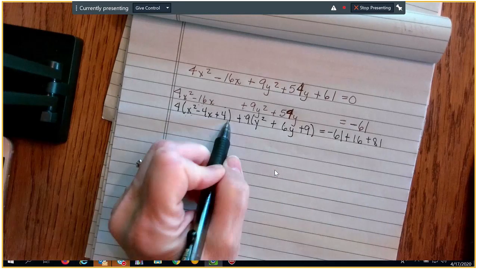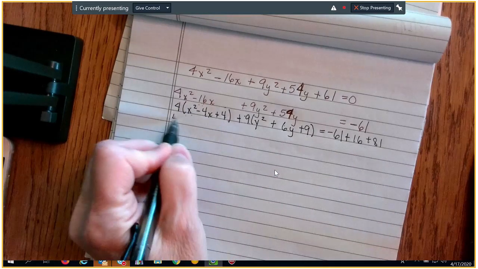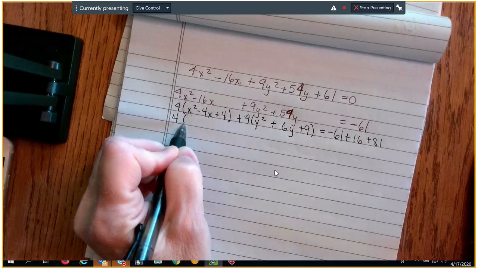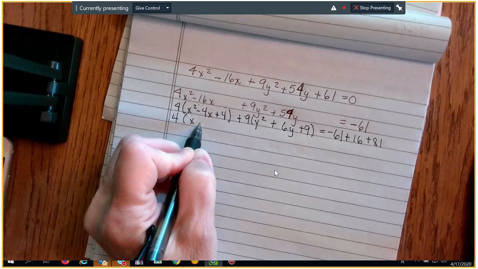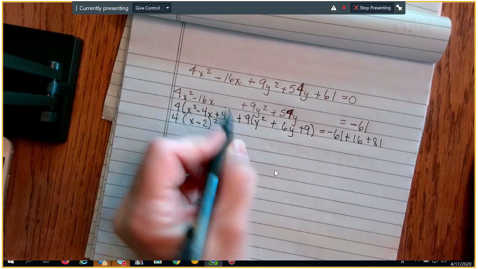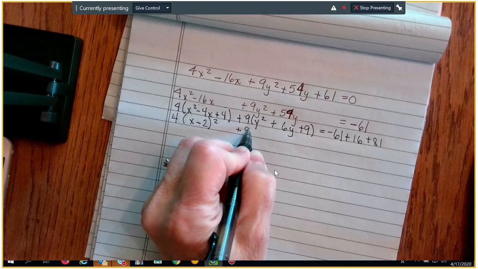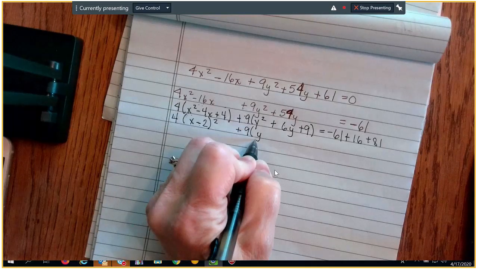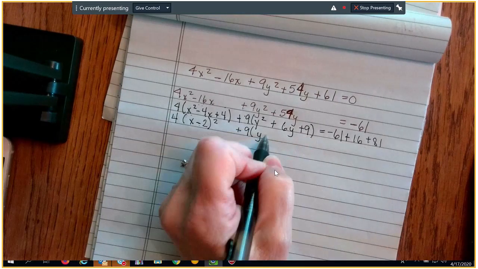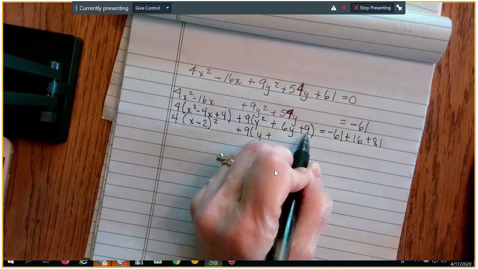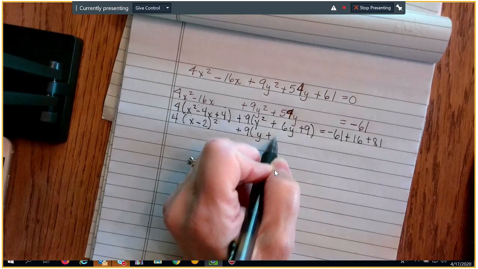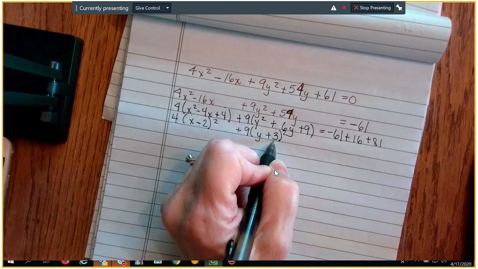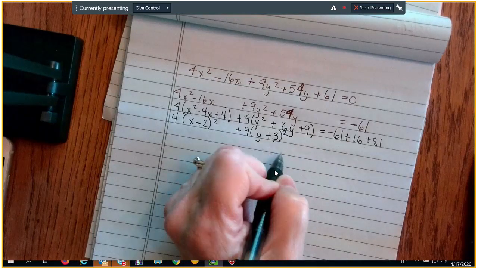So now we're going to say 4 times x minus 2 squared plus 9 times y, and this is a perfect square, but it's going to be 3 squared, because 3 plus 3 gives me 6.